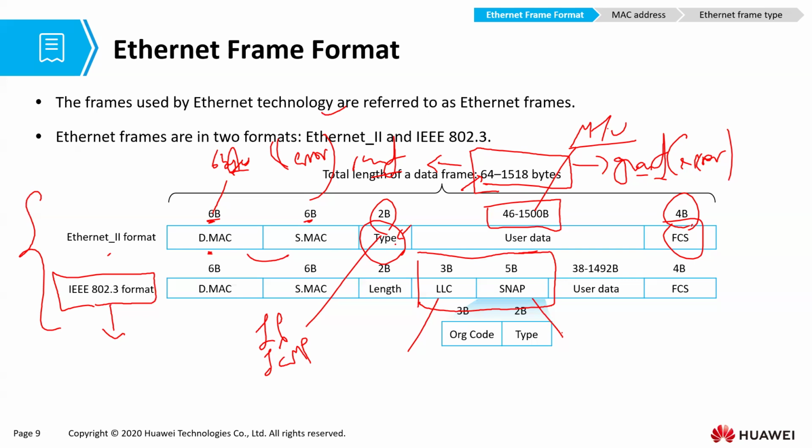But basically you need to understand every field and what it is used for. You need to understand their sizes and their importance in determining the size of our Ethernet frame.